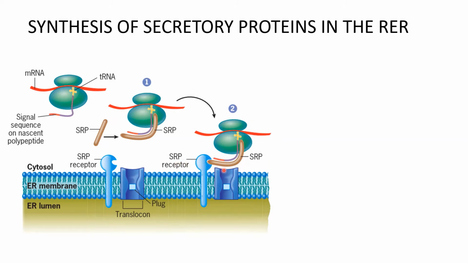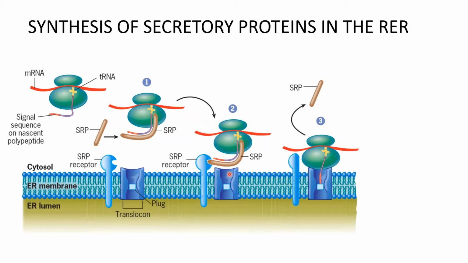Once that's done, the ribosome with the nascent polypeptide is held in place right next to this translocon, so that the nascent polypeptide can enter into the lumen of the endoplasmic reticulum. The lumen is the space inside this membranous organelle. The SRP leaves, as the signal recognition particle has done its job.